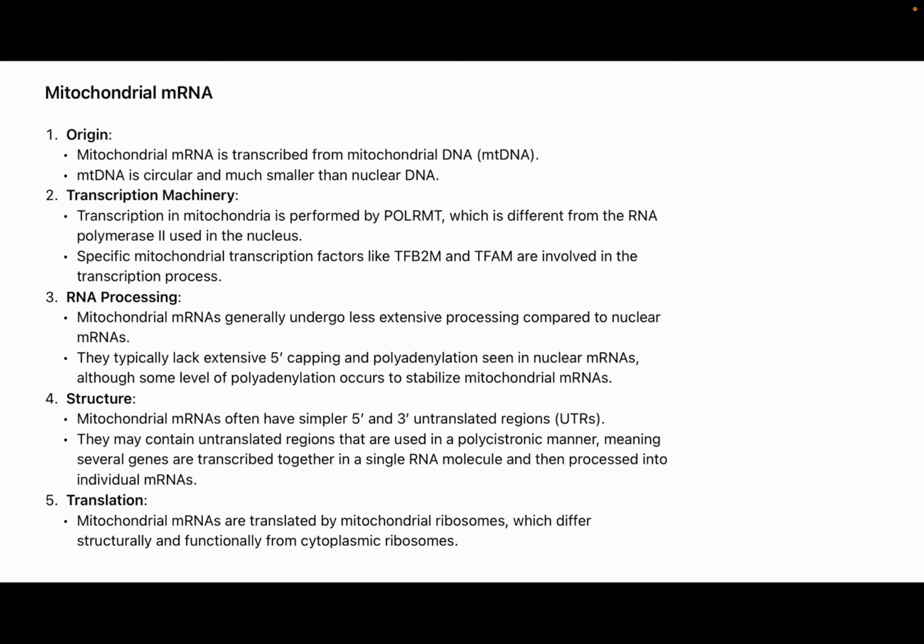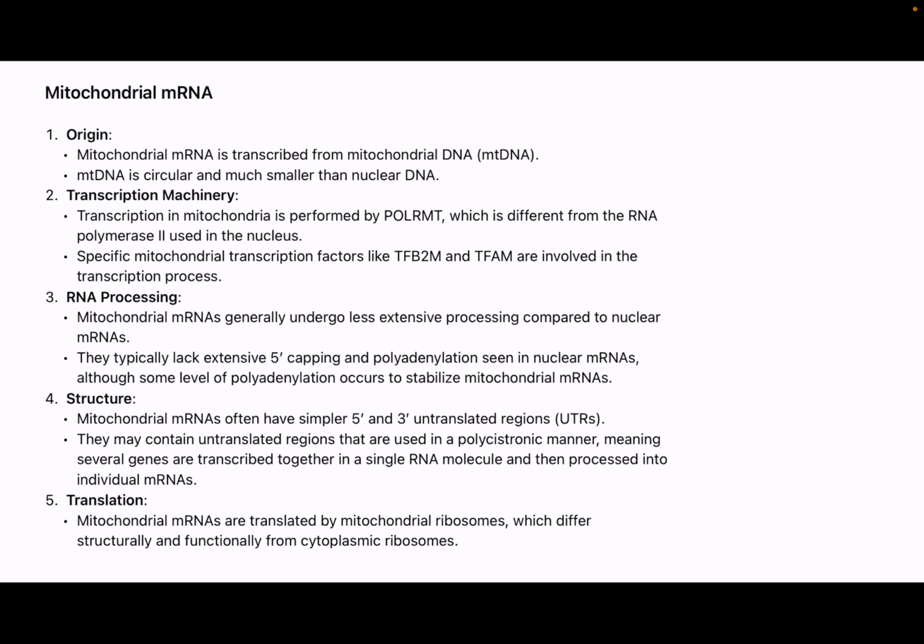RNA processing. Mitochondrial messenger RNAs generally undergo less extensive processing compared to nuclear messenger RNAs. They typically lack extensive 5' capping and polyadenylation seen in nuclear mRNAs, although some level of polyadenylation occurs to stabilize mitochondrial messenger RNAs. In the structure, mitochondrial mRNAs often have simpler 5' and 3' untranslated regions.